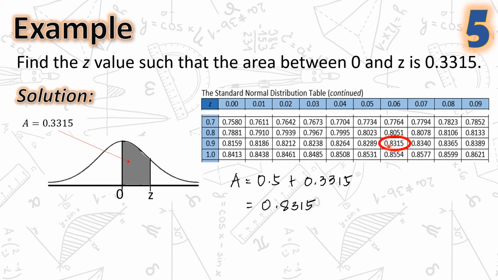And then we locate the values that correspond to this area on the first column and on the top row. On the first column, it corresponds to 0.9, and on the top row, it corresponds to 0.06. Hence, we have the z value as equal to 0.9 plus 0.06. Therefore, z is equal to 0.96.